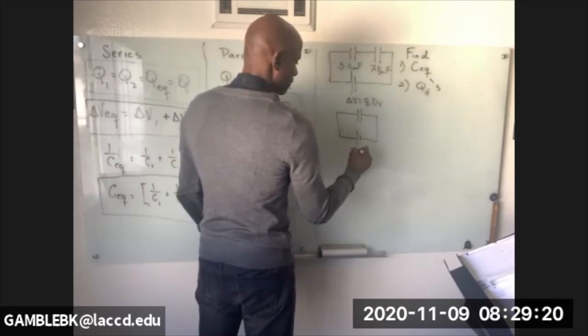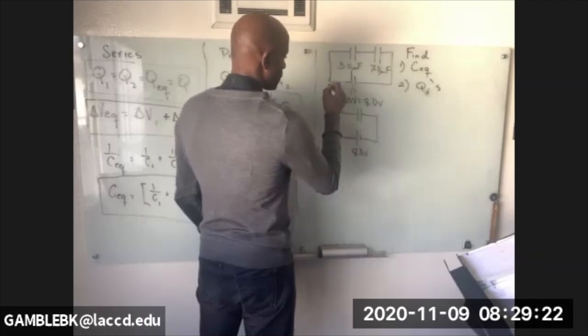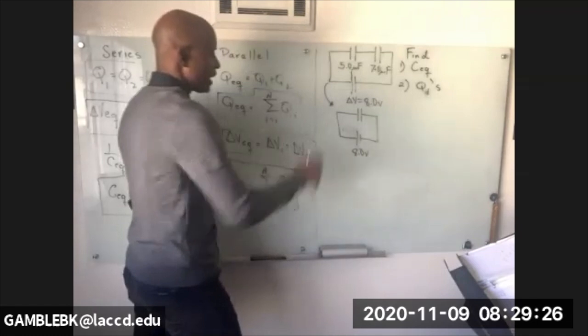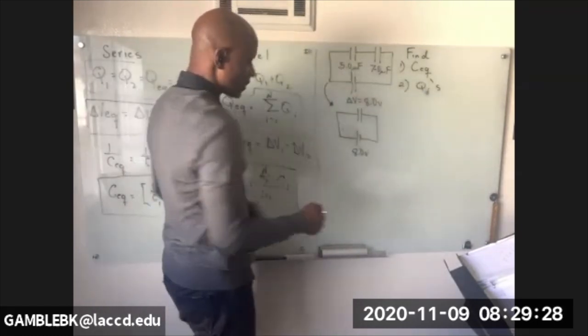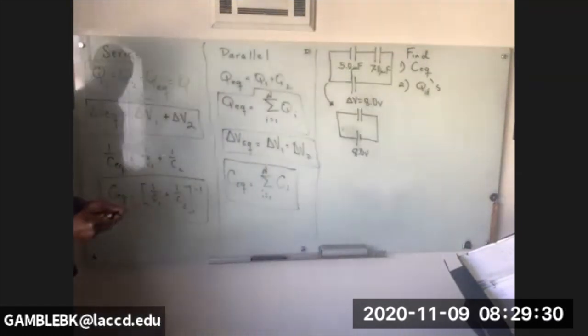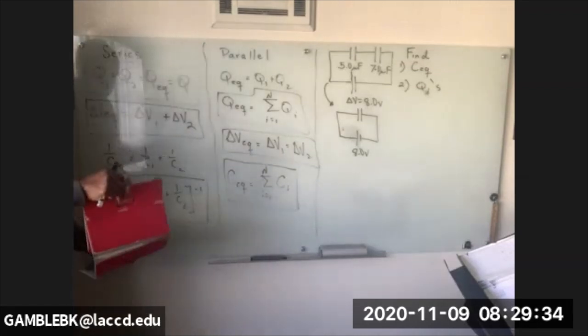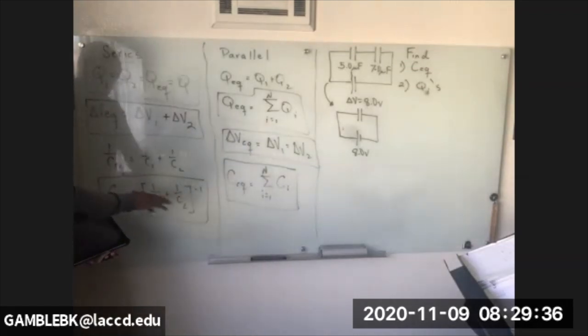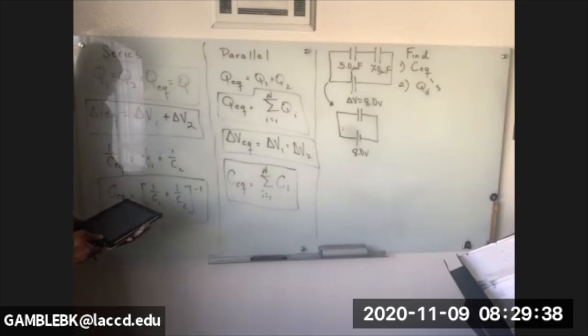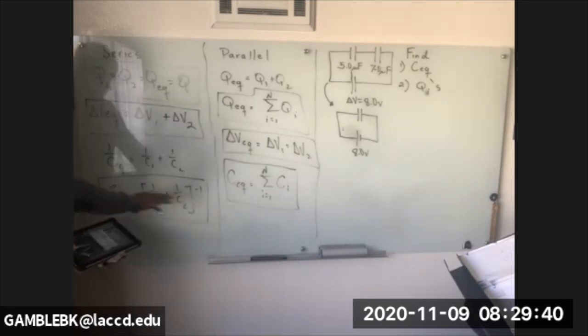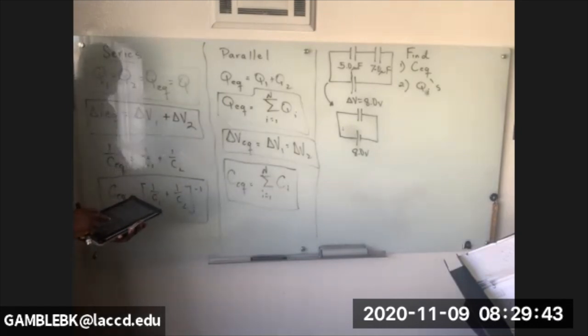So 8.0 volts, and I always do an arrow in my notes from which one goes to which. And the best way to add this, this is the way I do it. I like it like this because this is literally how I put it into the scientific calculator.